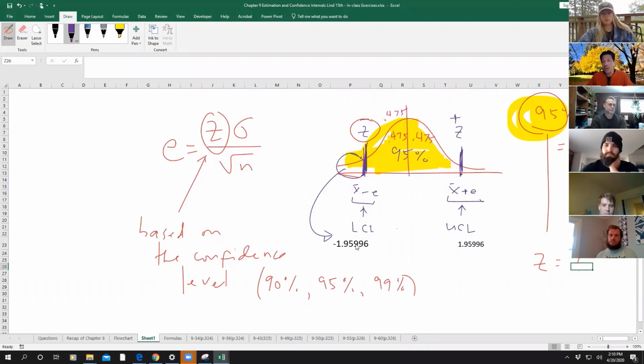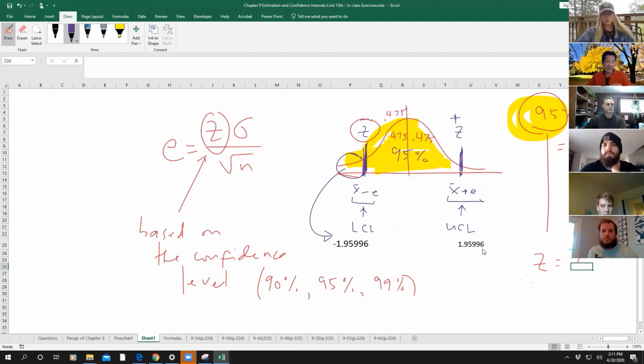All right, so just compute 1, and knowing that the normal distribution is symmetrical, you will know that this point here will have the same z-score, except that it'll be positive. Can you calculate the z-score without the function? I mean, is there another way to do that? You can use the table.